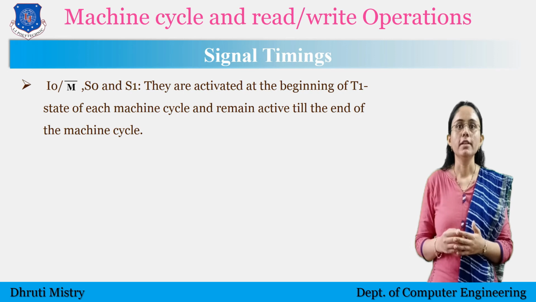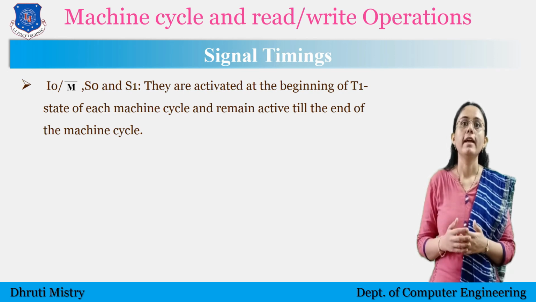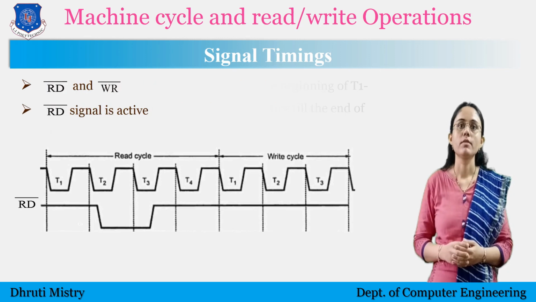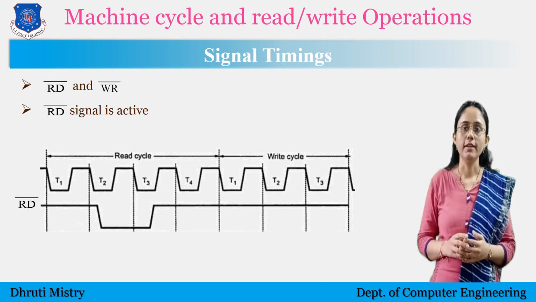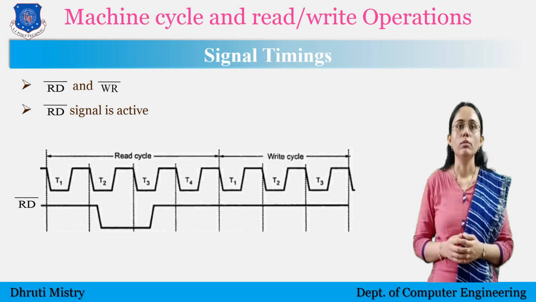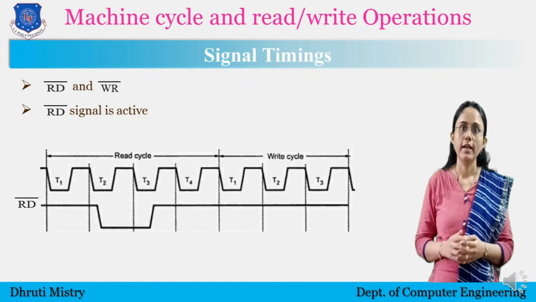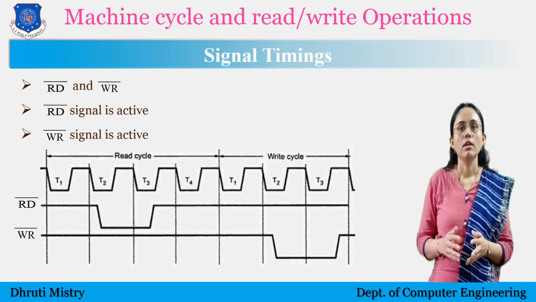These are activated at the beginning of the T1 state of each machine cycle and remain active till the end of the machine cycle. When the read signal is low, it is active and data is transmitted from memory or input output device to the microprocessor. And when the write signal is low, it is active and data is transmitted from the microprocessor to the memory or input output device.